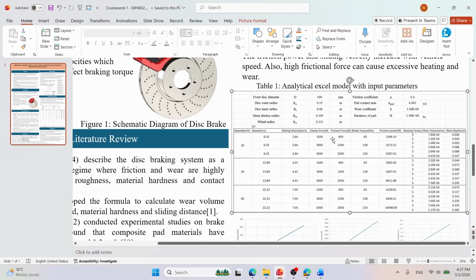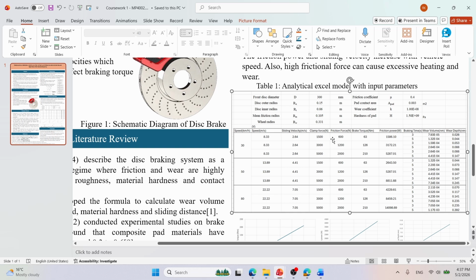From the figure, we can know that wear depth is increasing with the force. Okay, with our clamp force, if we apply more force, we will increase the wear depth, which is not good for us. Okay, but it also increases braking torque. As the speed increases, the wear depth is also increasing.